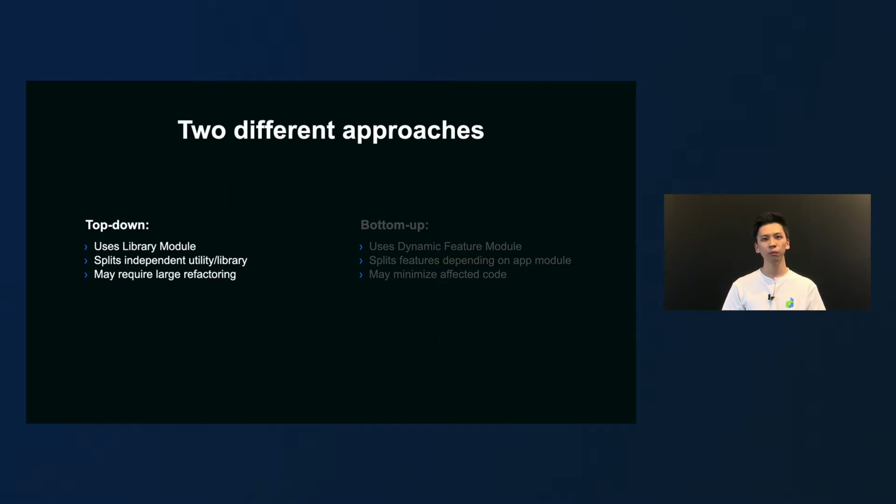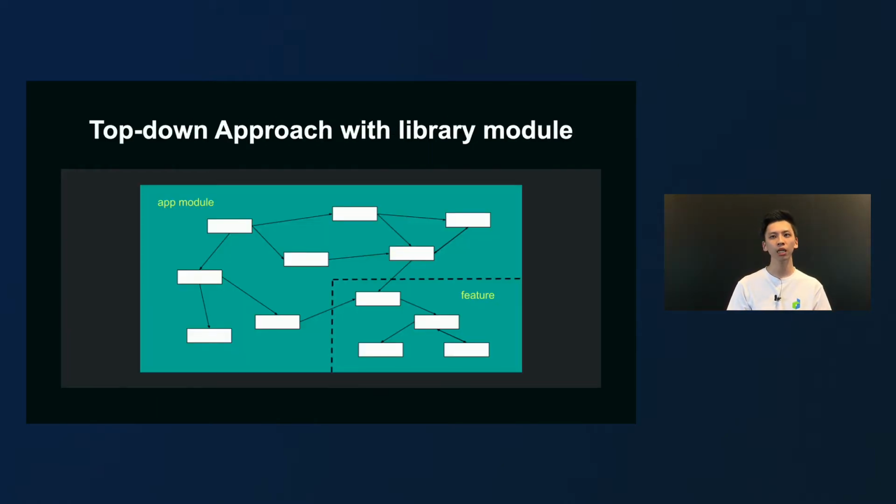To help you better understand it, I will show you the class diagram and the steps for how we modularize the application module with the top-down approach. So this is the class diagram. Inside the application module, there are many classes that depend on each other.